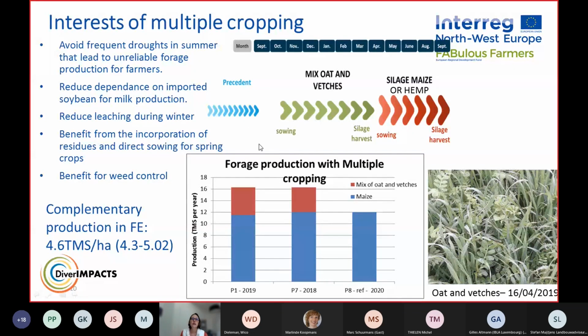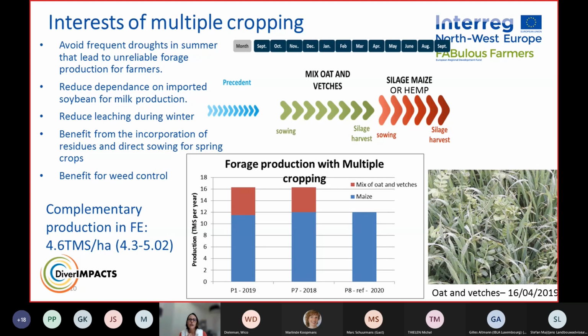This technique is interesting for us to avoid a drought in summer and to have a complementary forage production, which is protein rich. It also reduces leaching during winter, and we have some residue to incorporate in the crop. And it's also very beneficial for weed control due to the competitiveness of oats mainly, which is very dense.